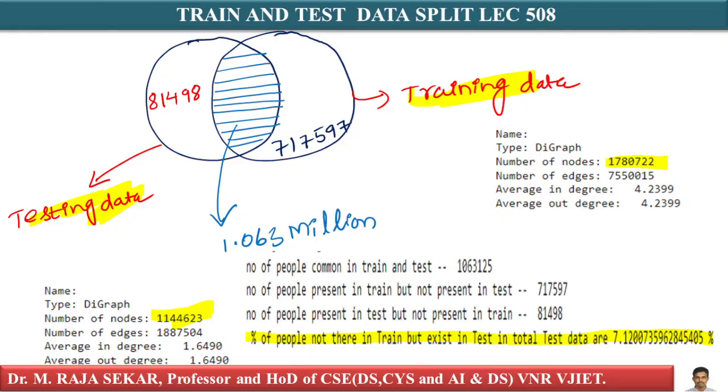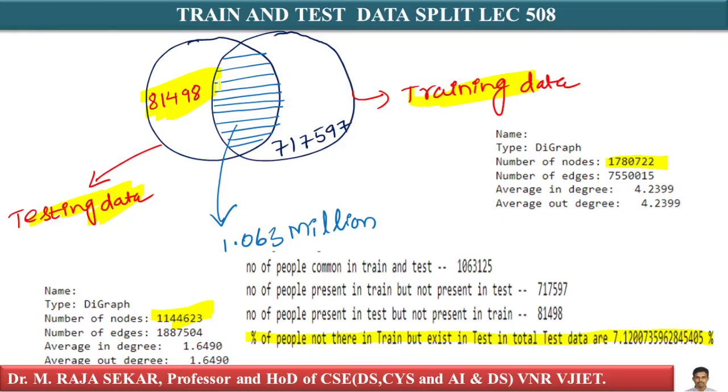I don't have any information about these 81,498 vertices in my training data at all, isn't it? They are in test data, but not at all in training data.